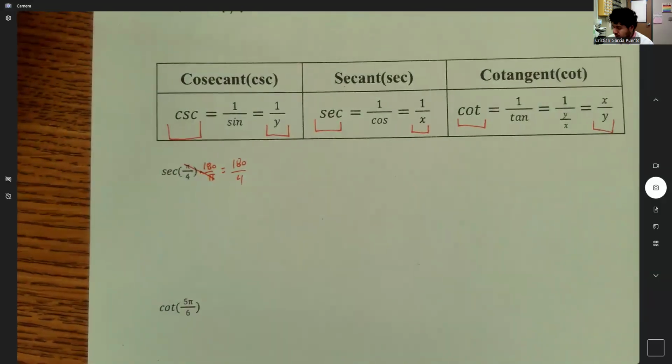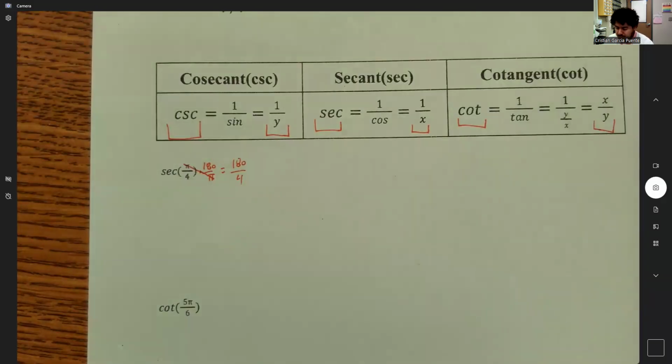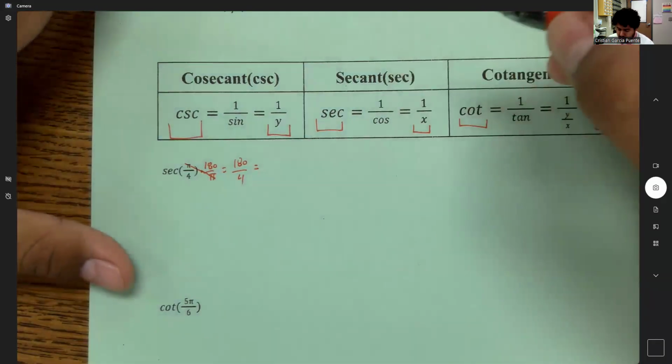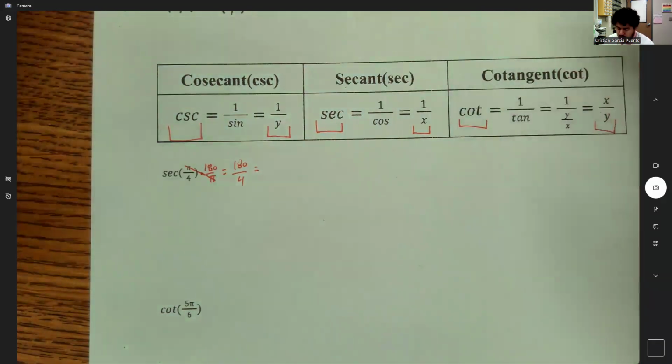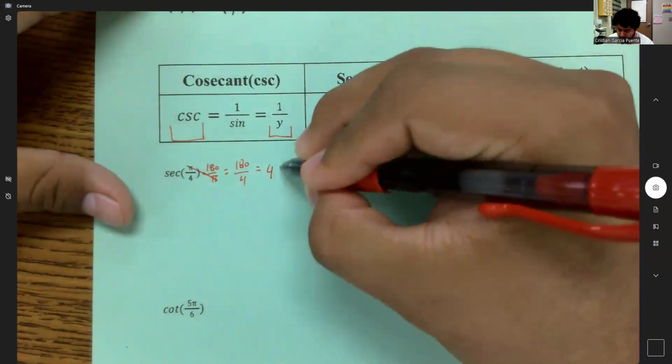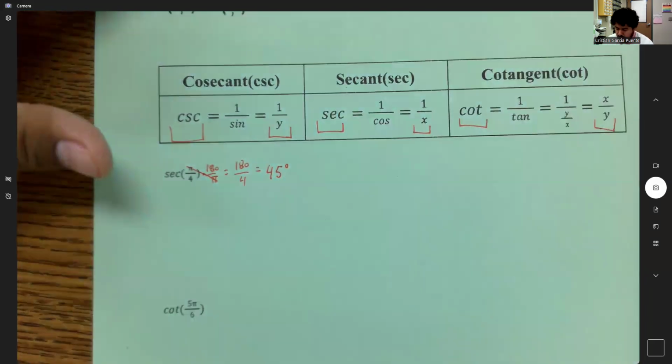You should be able to do this in your head, but if you're not able to, you could use a calculator. Calculators are going to be allowed on the second test, but a calculator is not very much needed. Maybe for small calculations like 180 divided by 4 if you need it. But 180 divided by 4 is just 45 degrees.